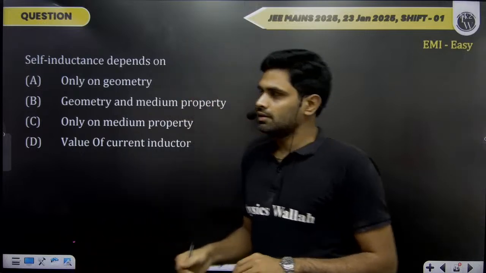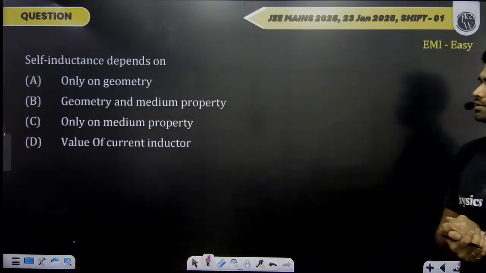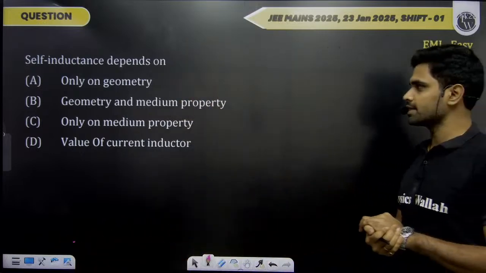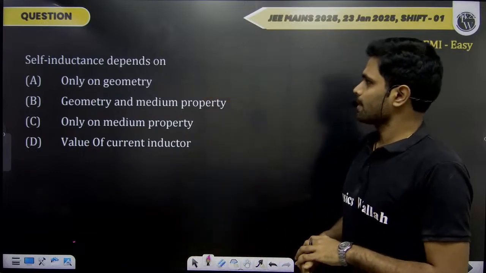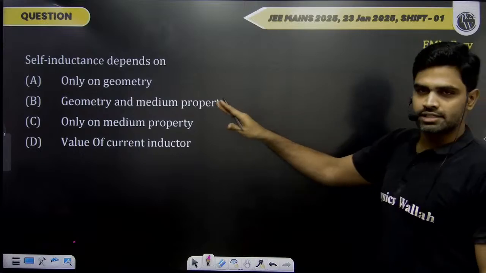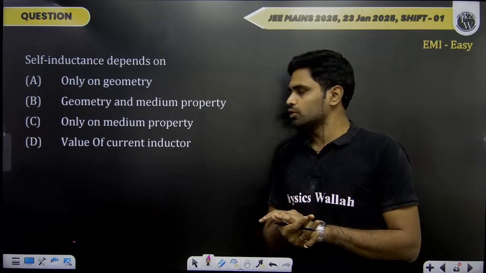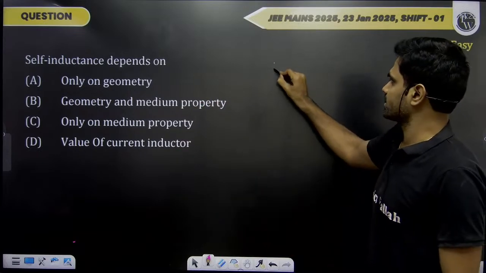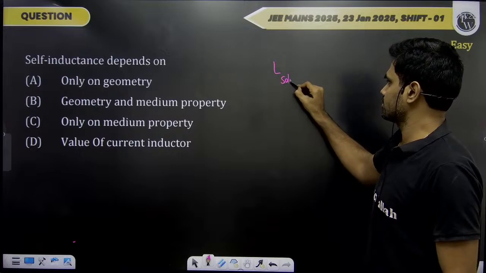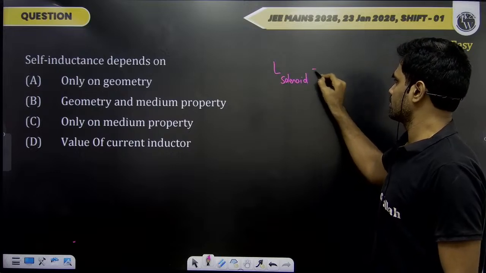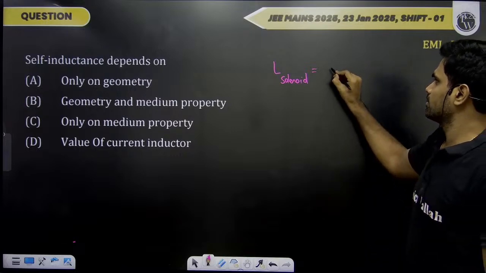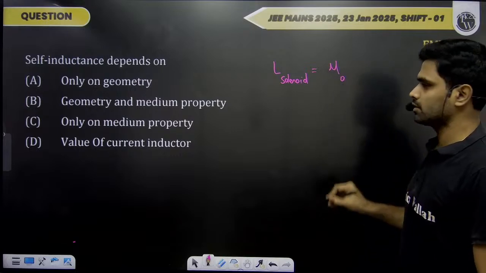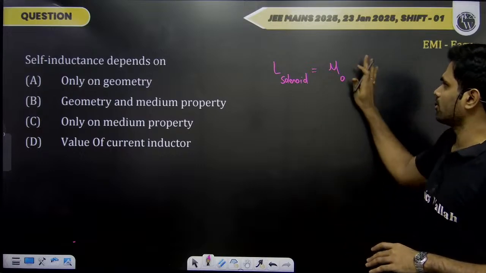The next question is regarding self-inductance. They are asking what self-inductance depends on among these. So let us see these types of questions. You can move to a simple formula, the self-inductance of a solenoid. What is the self-inductance of a solenoid? Mu naught if it is in vacuum, or otherwise mu.